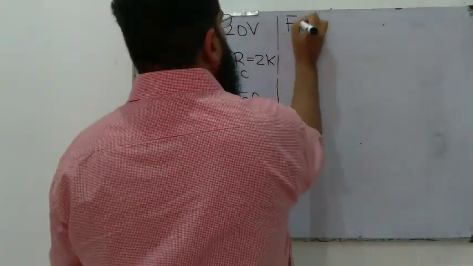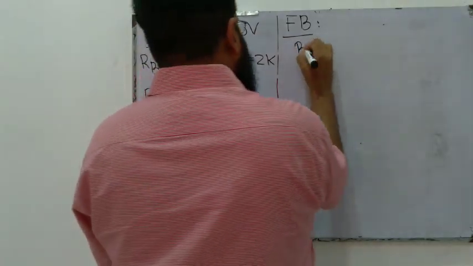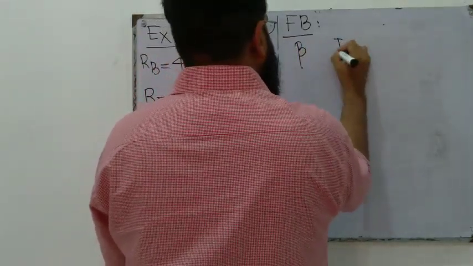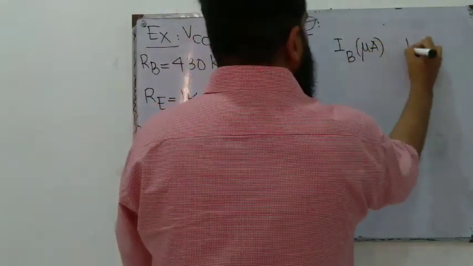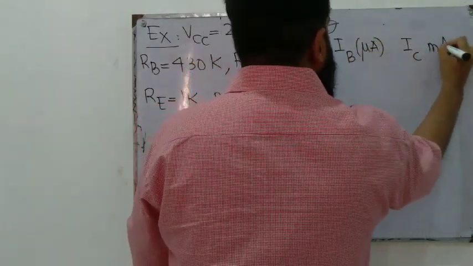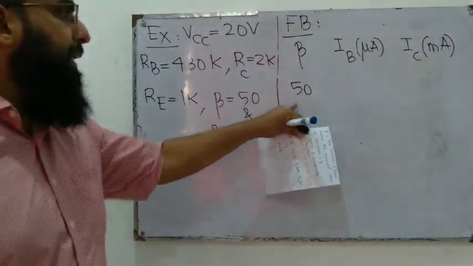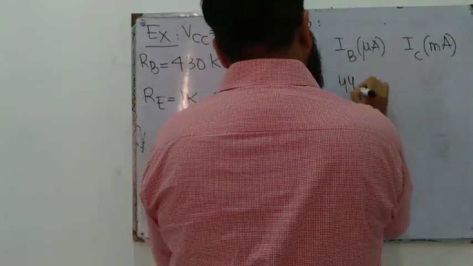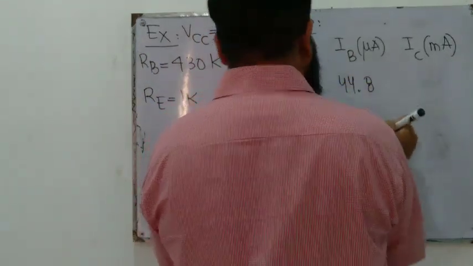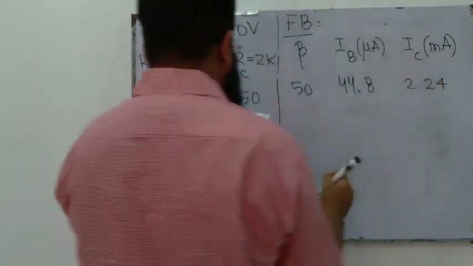For the fixed bias circuit, where we do not have an emitter resistor, the columns are beta, IB in microamperes and IC in milliamperes. If we put beta equal to 50, IB is 44.8 microamperes and IC is 2.24 milliamperes.